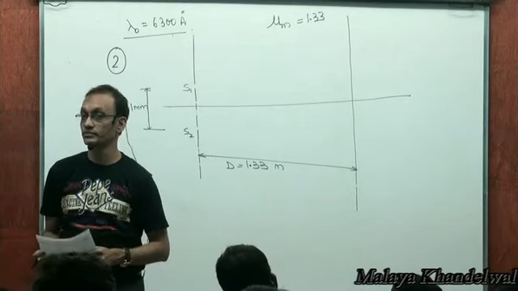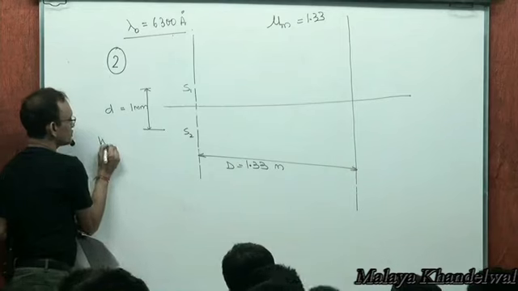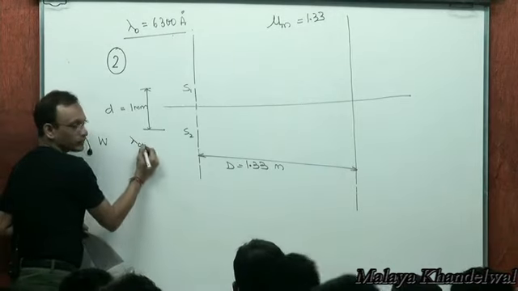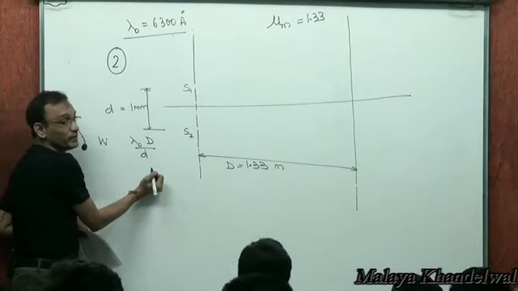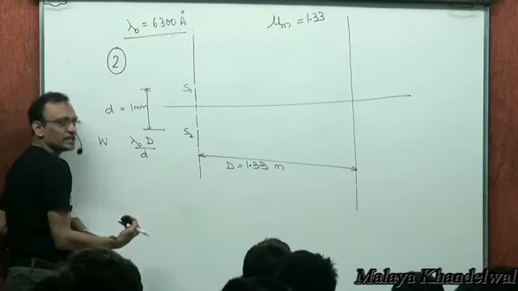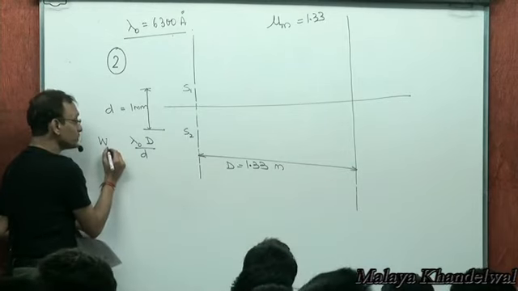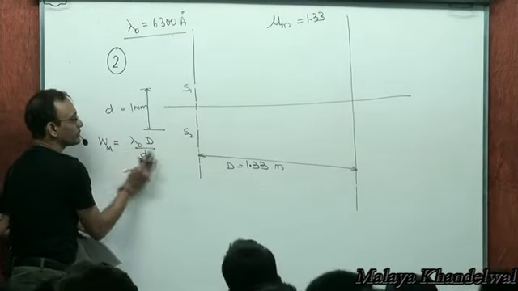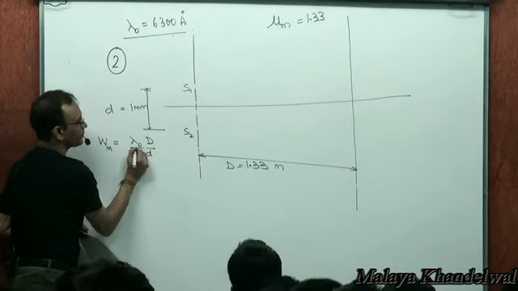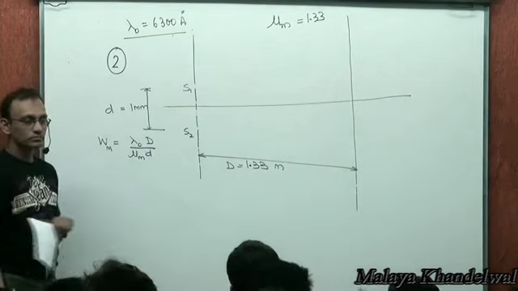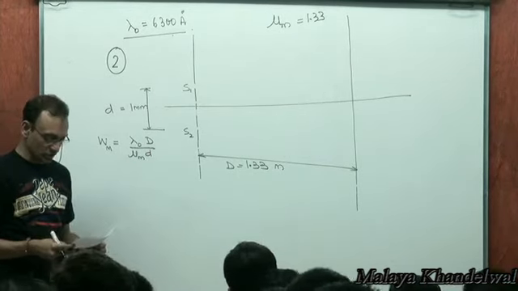Calculate the fringe width. Now, if it was not in a medium, then the fringe width would have been lambda naught capital D by small d. But what does the medium do? It decreases or scales it down by a factor mu m. So the fringe width in the medium would be what it was in air divided by mu m. You can calculate this now, whatever this turns out to be.